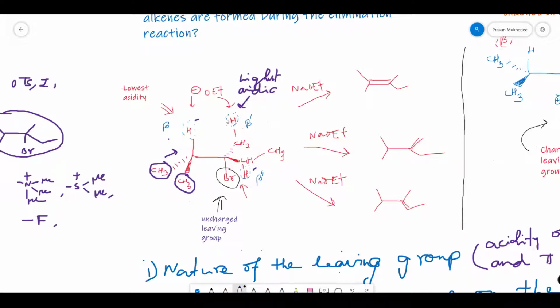So the base will obviously try to abstract this beta hydrogen, but the experimental evidence clearly shows us that only this beta hydrogen will be abstracted. That is, this alkene will be formed, not this one, not this one.